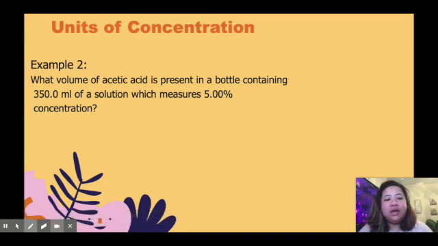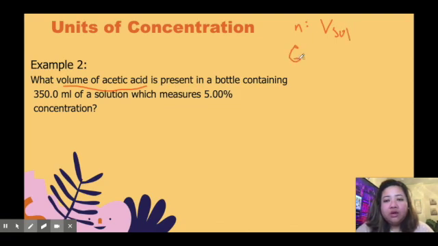What volume of acetic acid is present in a volume containing 350 ml of solution which measures 5.0% of concentration? So for our unknown, it is clearly said it's the volume of acetic acid, and the solvent is given and the percent concentration is given. So the unknown is the volume of solute.